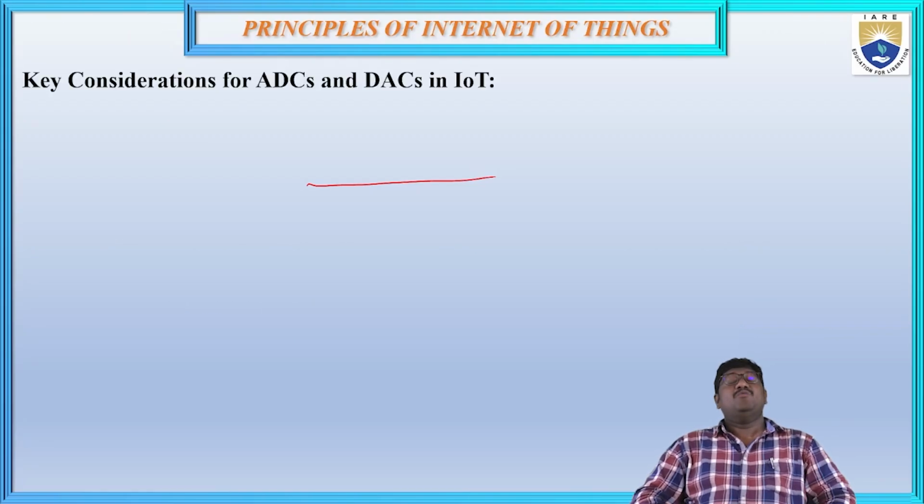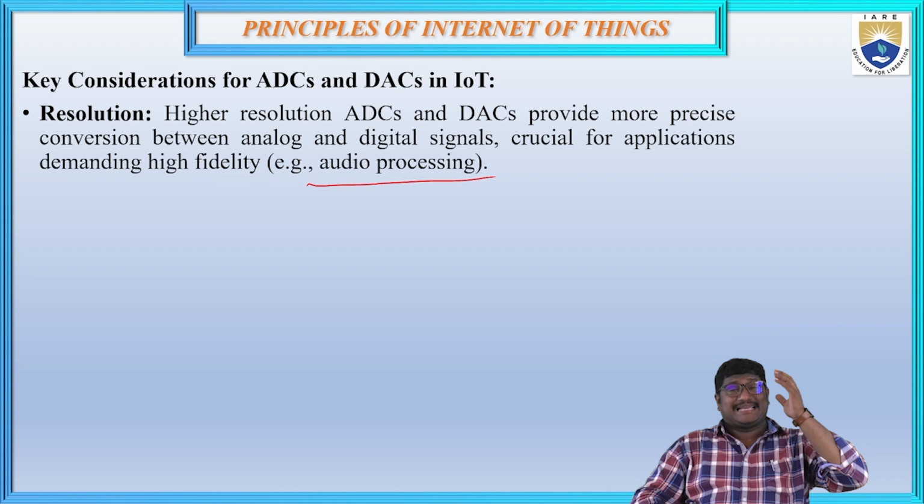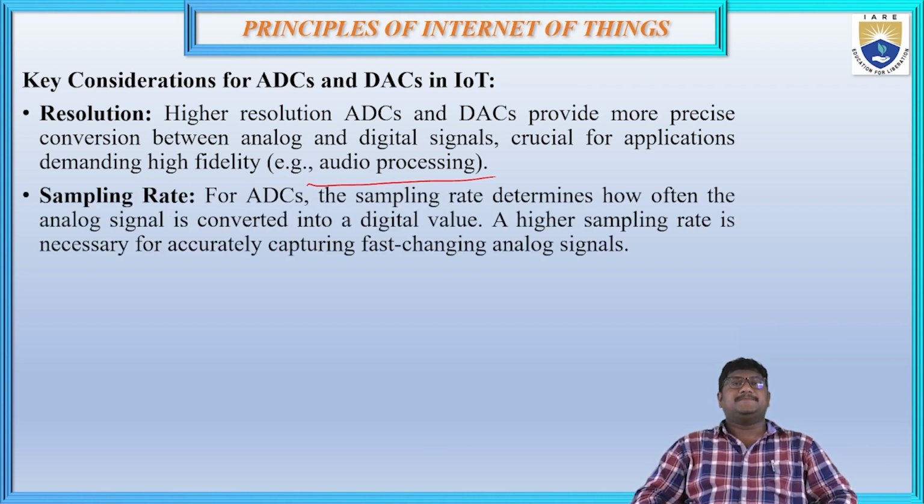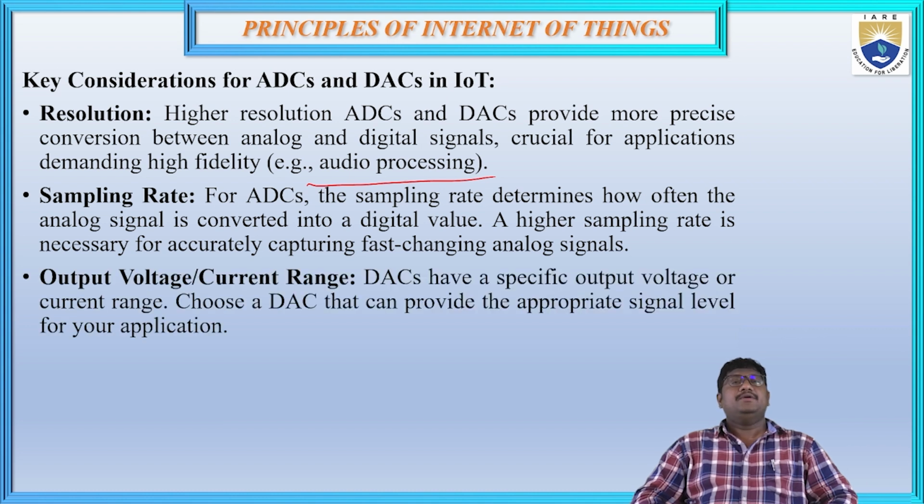And now we will see the key considerations which have to be kept in mind when we are using an ADC or DAC, analog to digital converter or digital to analog converter, in IoT. First key consideration is resolution. Second is sampling rate. Third is output voltage or current range.